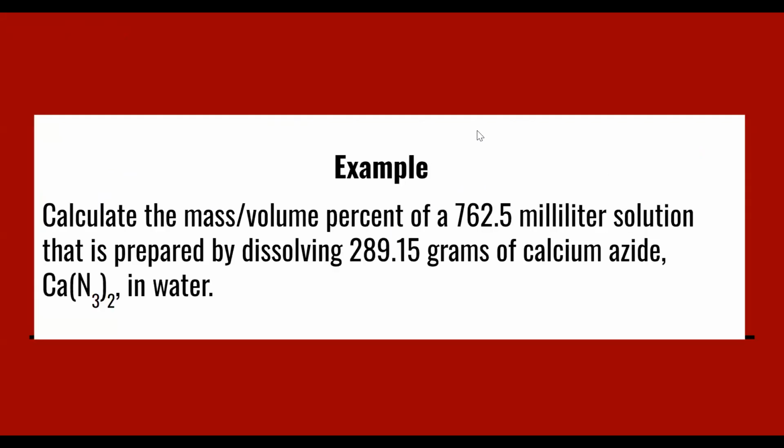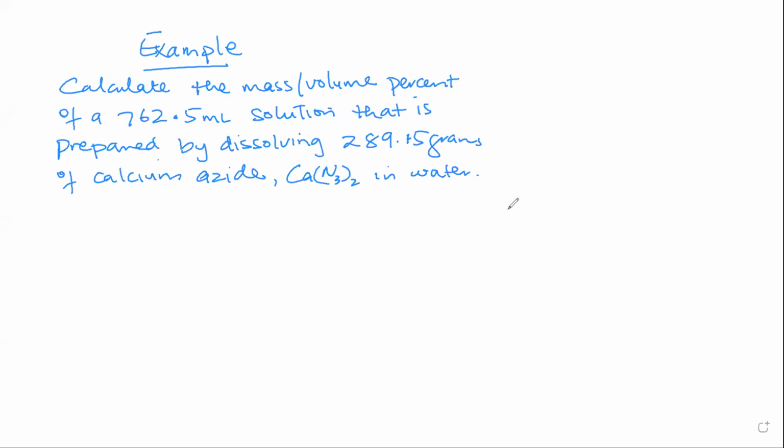So we can use the example. Calculate the mass volume percent of a 762.5 milliliter solution that is prepared by dissolving 289.15 grams of calcium azide in water. Let's look at this example.